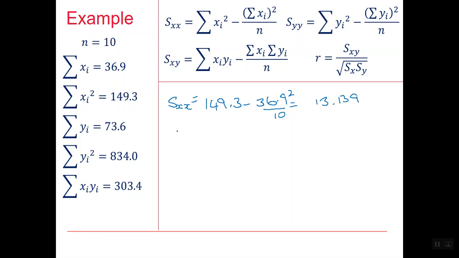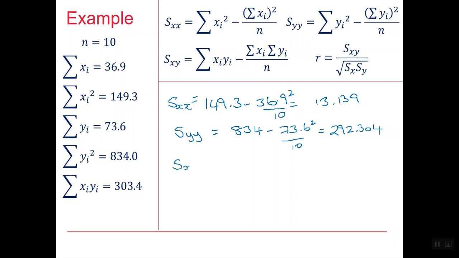And then next we're going to calculate SYY, which is given by 834, take away 73.6 squared over 10, because that's the sample size, and that gives 292.304.